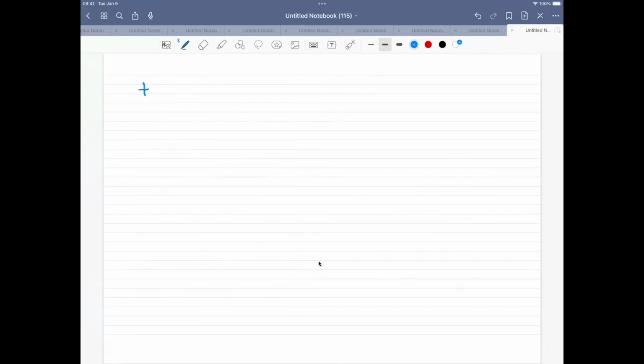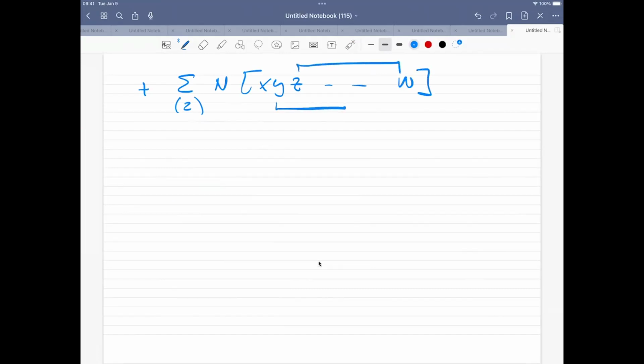And then we have the sum over 2. So this sum here is now the sum over all possible pairings of 2 operators in this string of operators. So we would write this as x, y, z, and all the way up to w. And then we would have something like this. And then this continues all the way up to the number of pairs we have, if we have m operators, divided by 2.